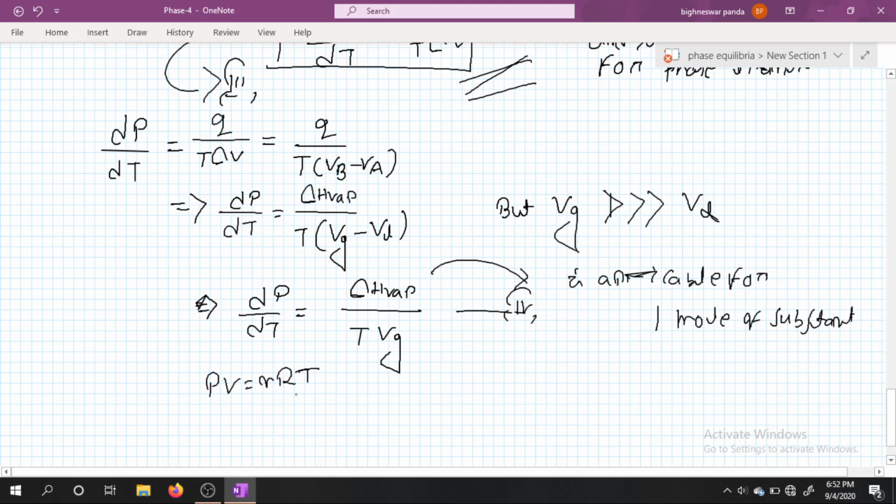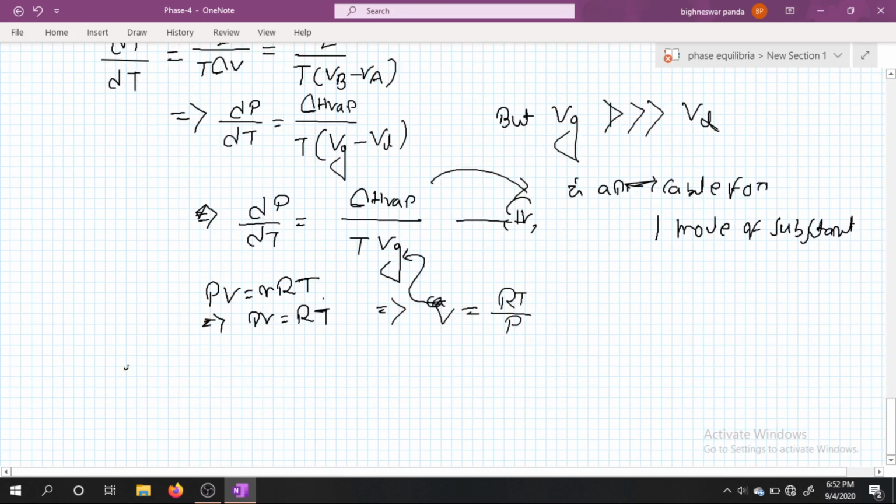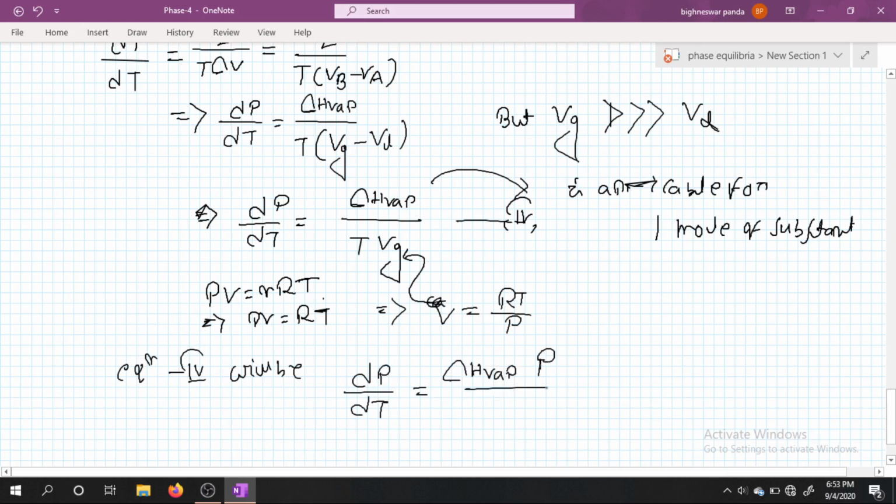Since we are taking 1 mole, PV is equal to RT, and we have volume V is equal to RT by P. By putting this volume RT by P here, equation 4 will be dP by dT is equal to delta H vaporization into P divided by T into RT.